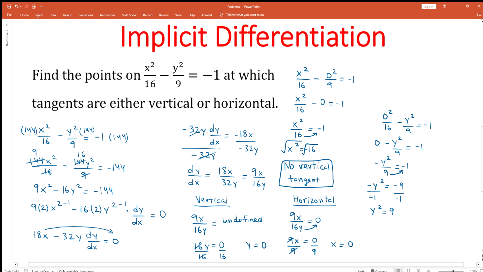Next, we can apply square root to both sides. I get y equals plus minus 3. That means there are 2 points on the given equation at which the tangent is horizontal, and the 2 points are 0, 3 and 0, -3.